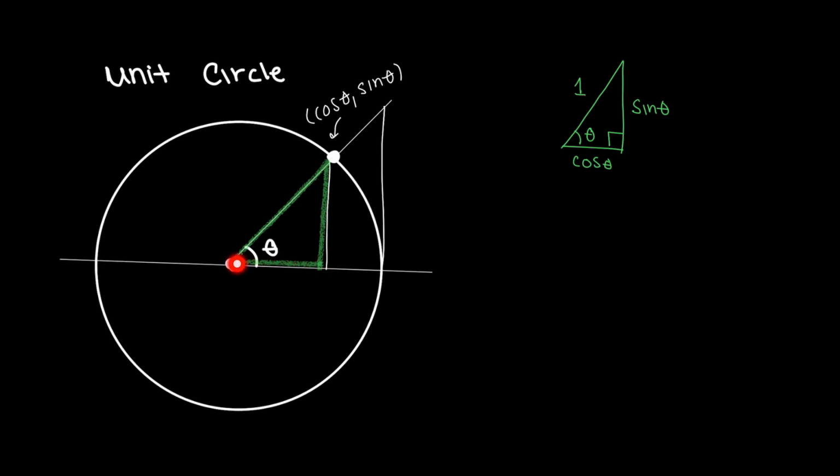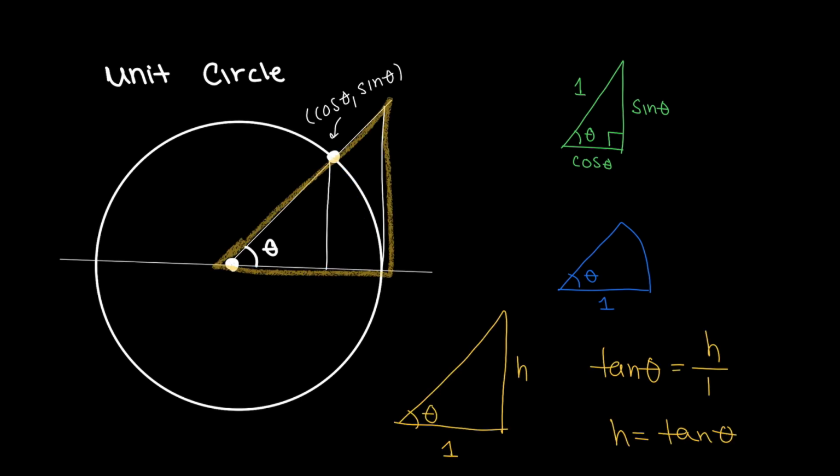And the base of this triangle has to be the x-coordinate on my unit circle, which is cosine theta. So that's the first shape I'm going to consider, this green triangle. And then we can also look at this sector. So this is a portion of the circle, a sector of the circle. This sector has a radius of 1 because it's a piece of my unit circle.